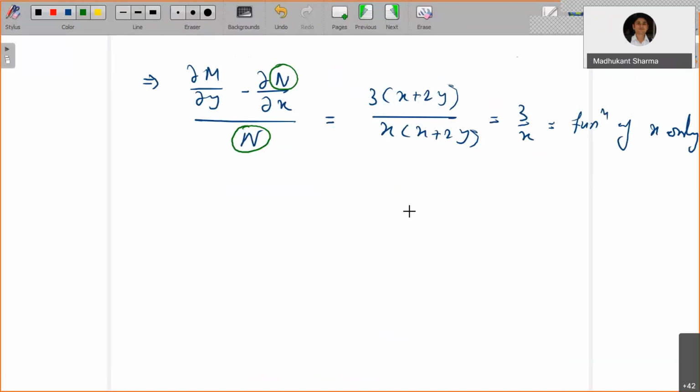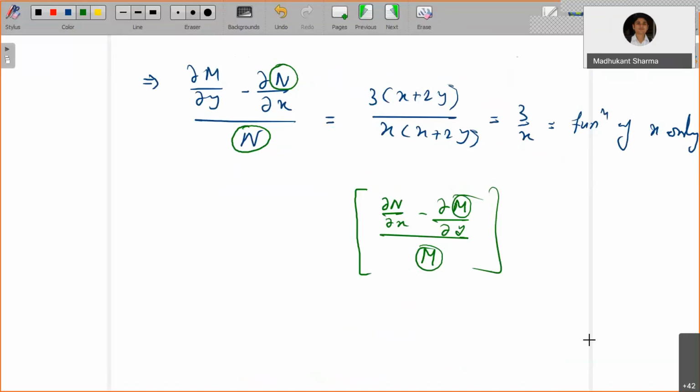For a function of y only, you divide by M, so you take the difference dou N by dou x minus dou M by dou y, and whatever is sitting here comes after the minus. If I divide by N, dou N by dou x will be after the minus.